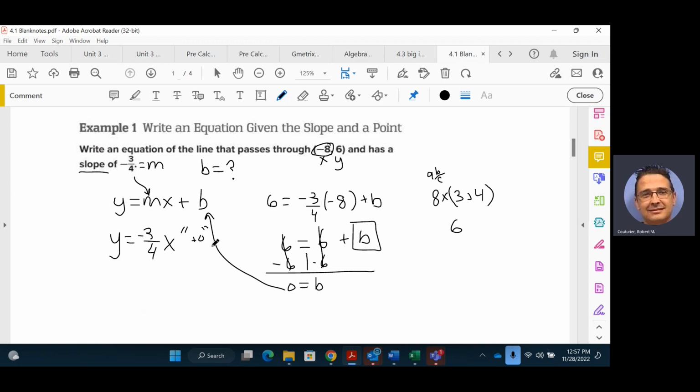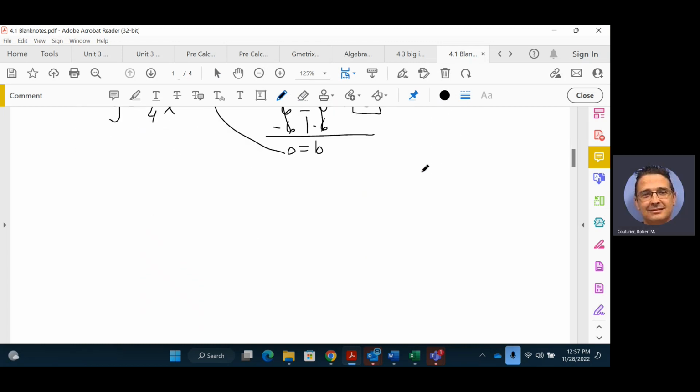Plus b, our b is 0, plus 0. We don't write that, so our equation itself is just this right here. Right here, y equals -3/4 x. That's it. Okay. That's the easiest that they're going to give us. Of course, they will get harder.